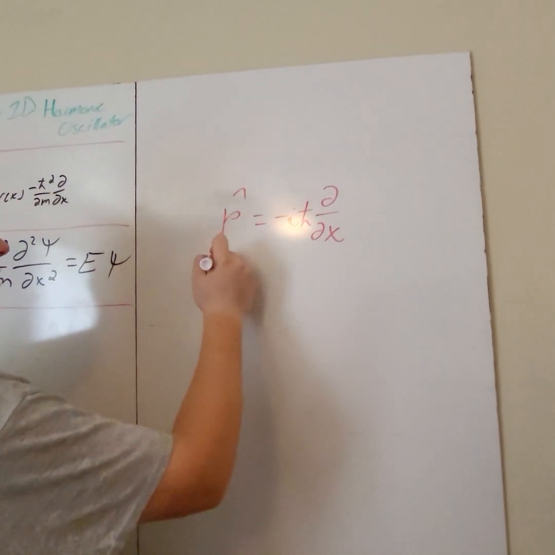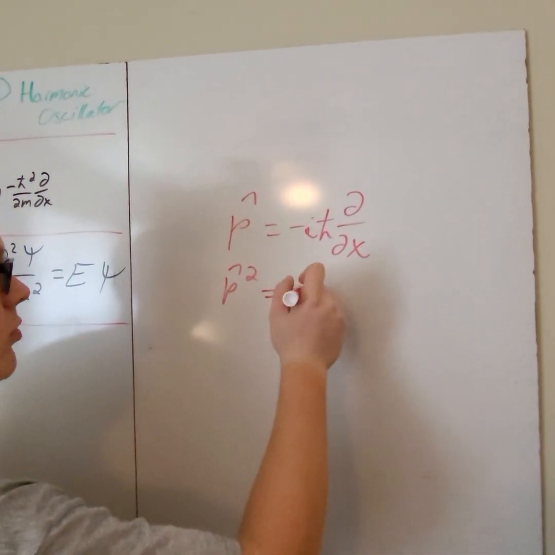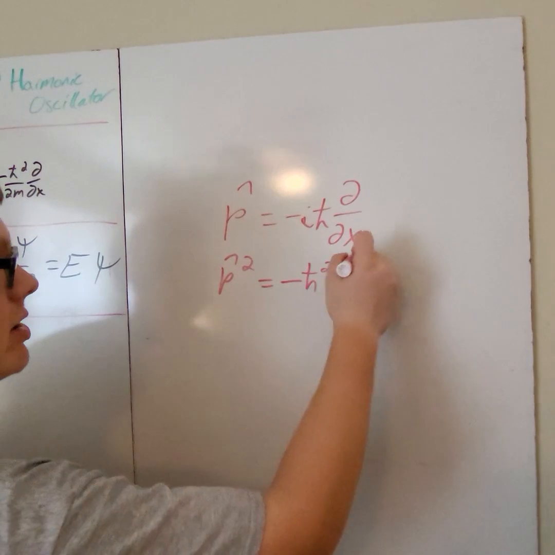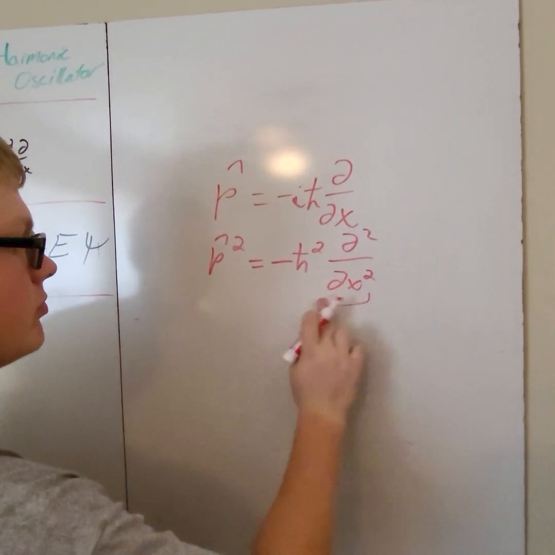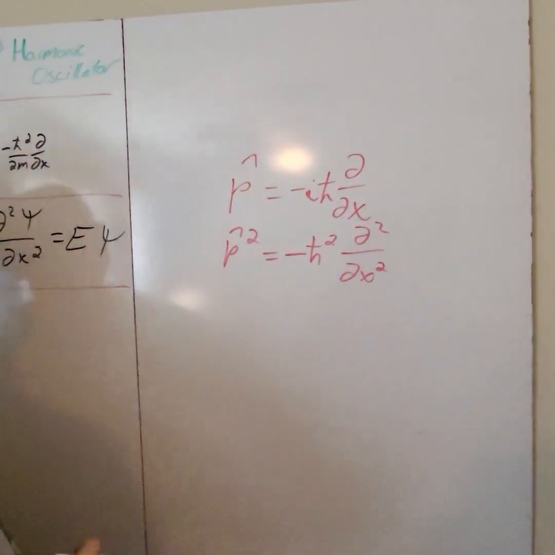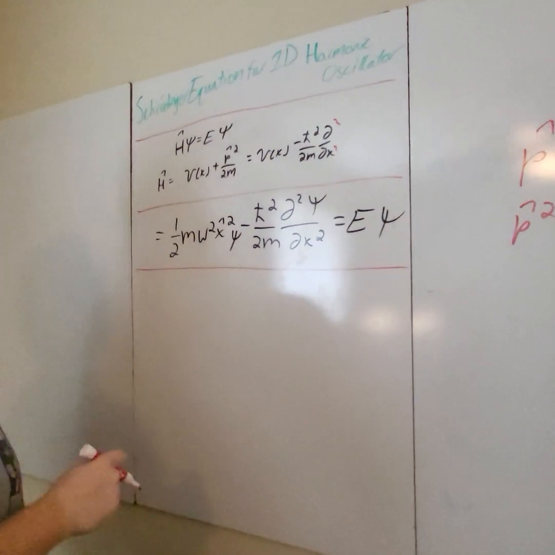And when you square it, the i goes to negative 1, giving negative h bar squared times the second derivative with respect to x. So I should fix that there.